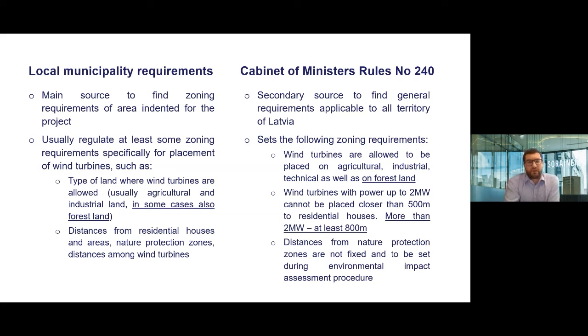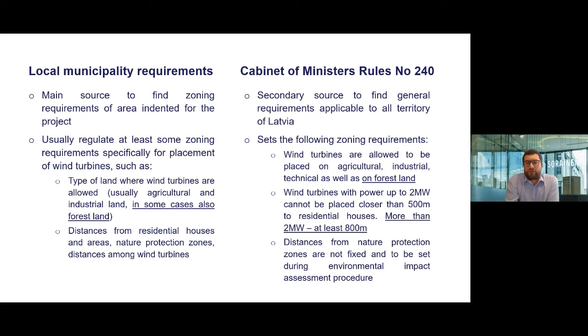So as you see, because both these documents regulate quite similar aspects of zoning issues, they may contradict. And in practice, we usually see that the issue is with the type of land where wind turbines can be built, because according to the general rules, forest land is a type of land where it can be done.